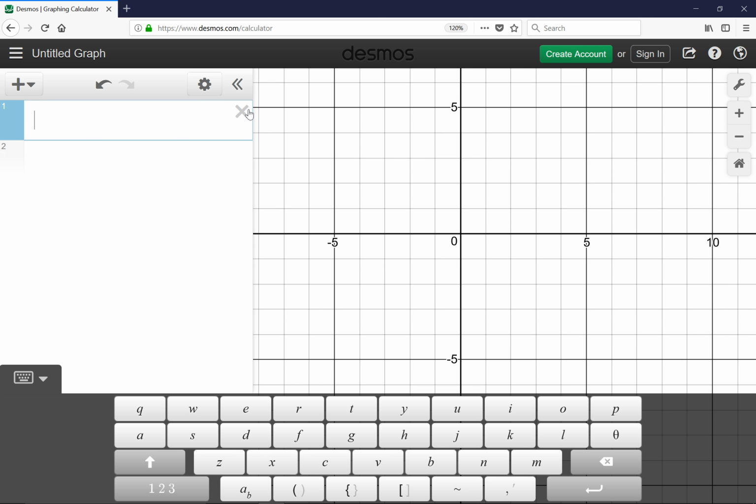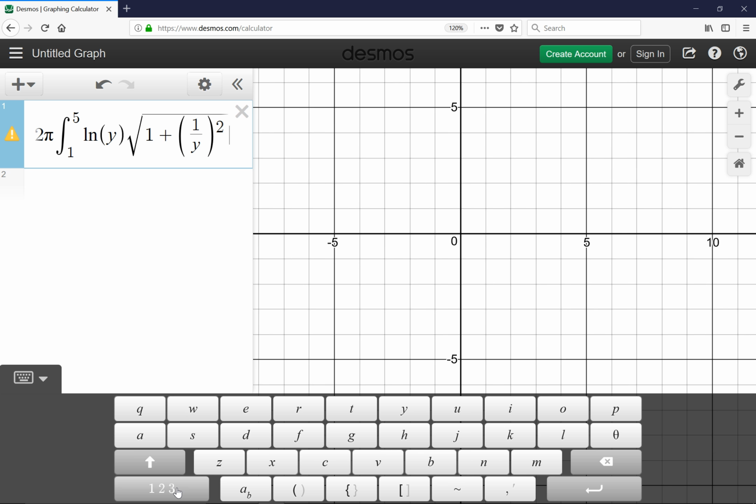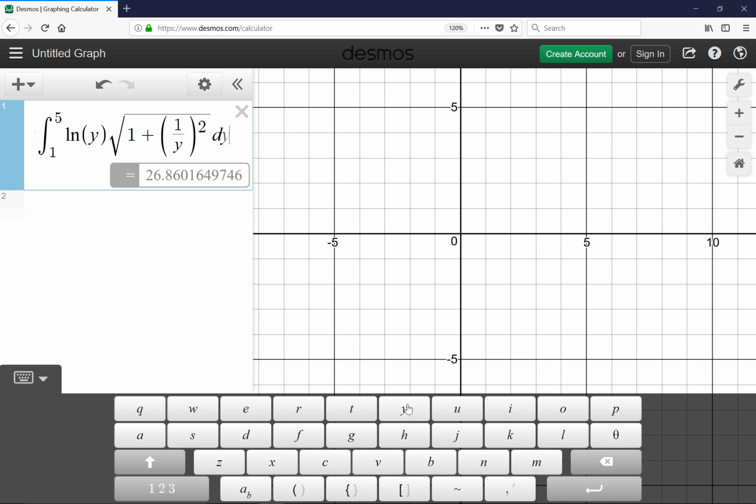So, 2 pi integral 1 to 5. 26.86 is your answer. And again, not terribly difficult to do them, not terribly difficult at all.